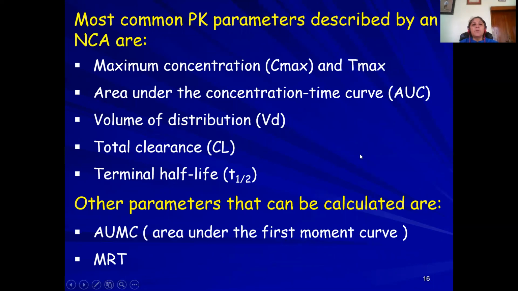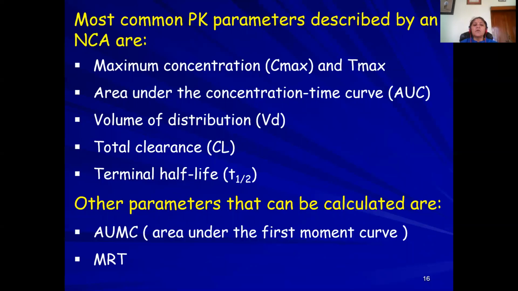The most common PK parameters described by an NCA are maximum concentration, that is Cmax and Tmax, which can be obtained from the graph. Area under the concentration time curve, AUC, is calculated using the trapezoidal rule. Third is the volume of distribution, which could also be calculated from the graph.